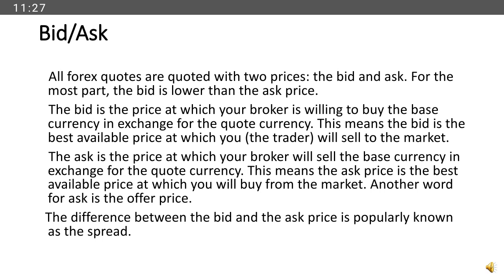What they are saying here is that Forex codes are always in twos: the bid price and the ask price. The lower one is the bid price, while the higher one is the ask price. Let me show you something.